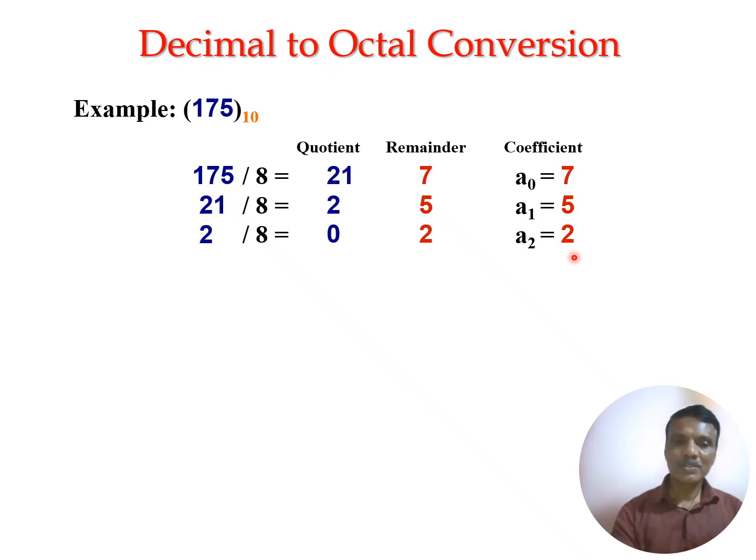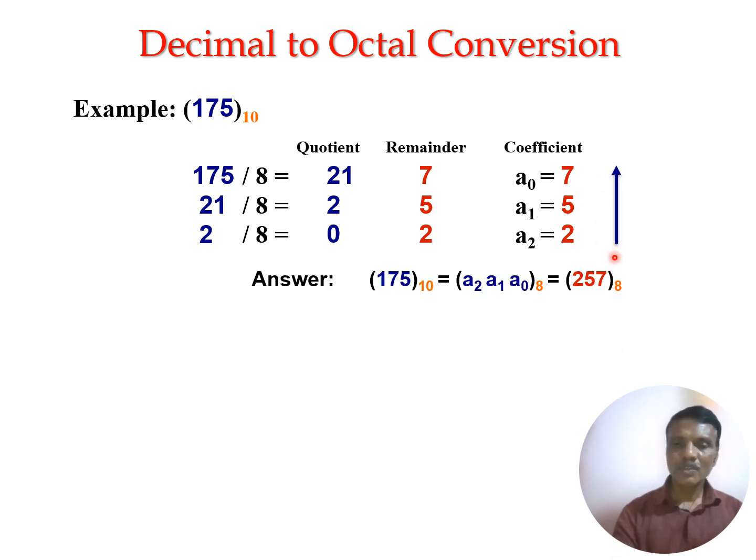What I told is, take the coefficients from bottom to top. This is the MSB bit and this is the LSB bit. So when we write, that is 257. In this way we have to write. This is about the integer part.